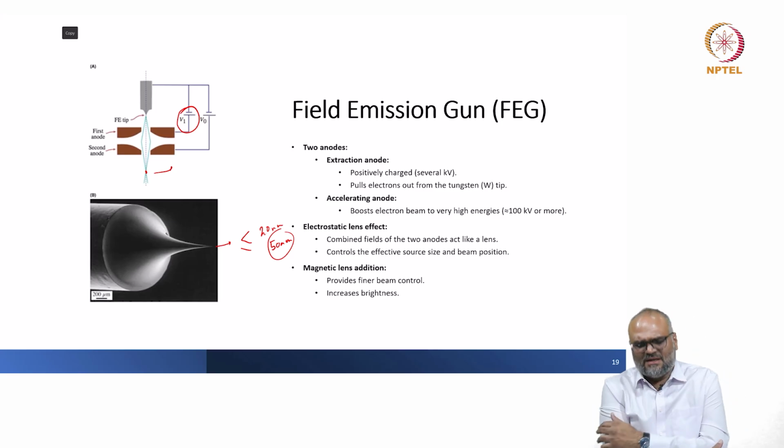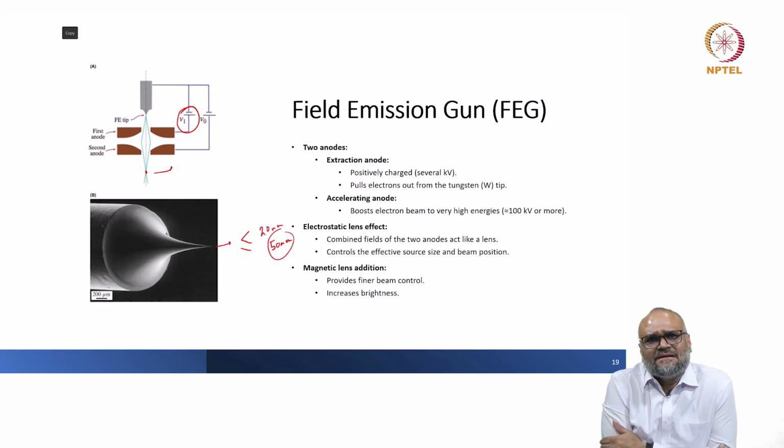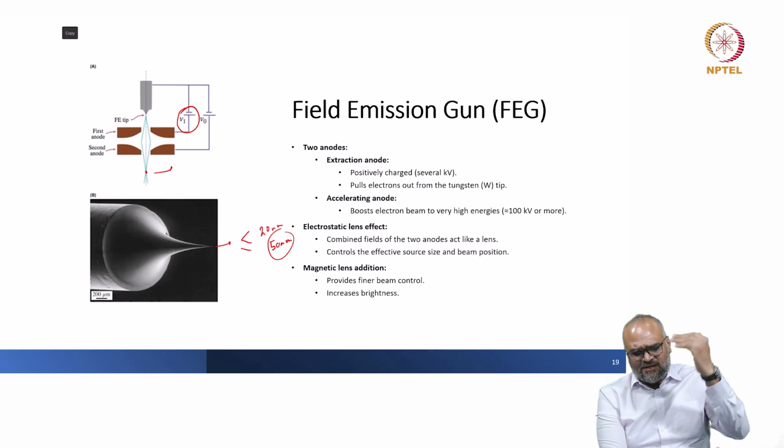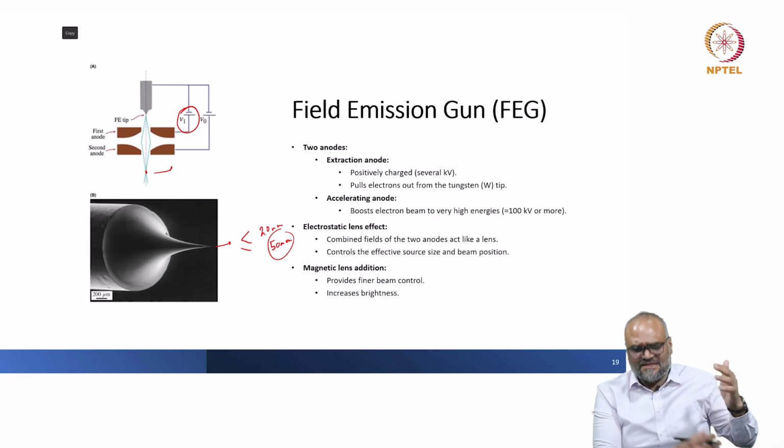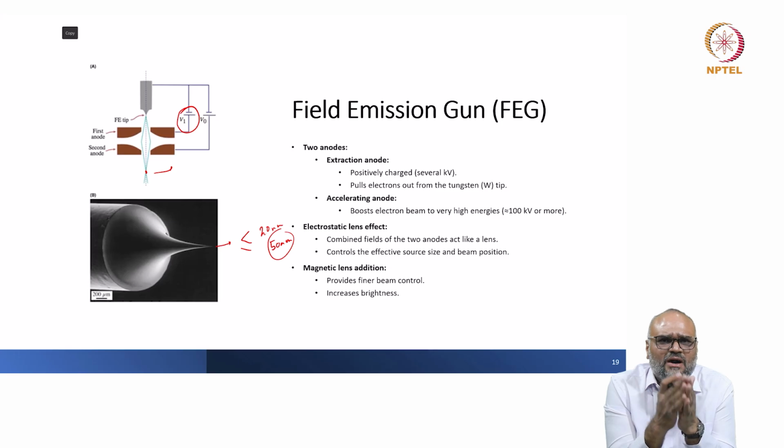So what you have here is, combining the fields of both of these anodes, you are actually having this behave like a lens, and in comparison with a thermionic emitter, the field emitter already, before it is going into the condenser of the electron microscope, is focused to a very fine point.